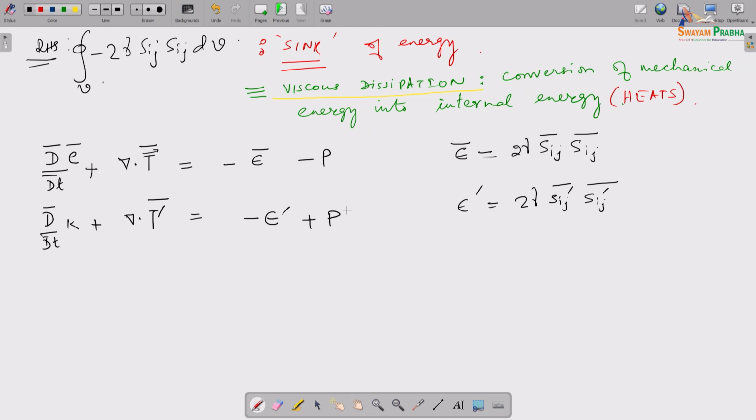I'm able to write this because we took essentially the derivative of the mean, which we took a mean of this first equation. So E we said is a mean quantity plus a turbulent quantity. So I take that and I write it as these two equations. So if I put these two together, this P that I've introduced will get cancelled out, and this is what we will have.